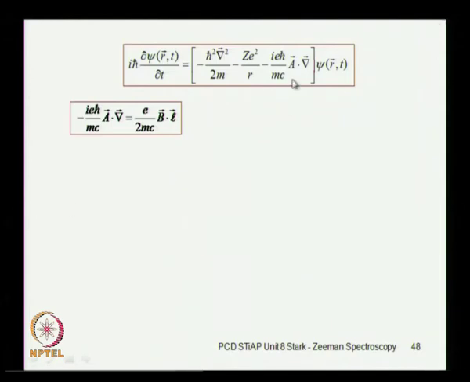So, now we have thrown away the quadratic term, and you have only the linear term, which is B dot L. Does it not look like the interaction between a magnetic dipole and a magnetic field? Because if you keep a magnet in a magnetic field, it will have an energy mu dot B. This is just what we did in the Stark effect.